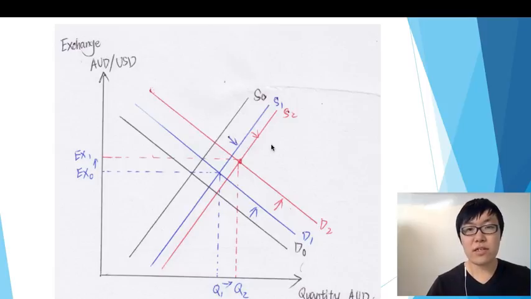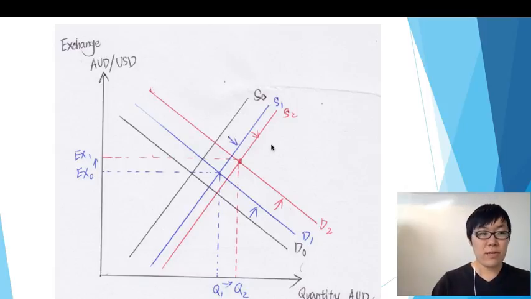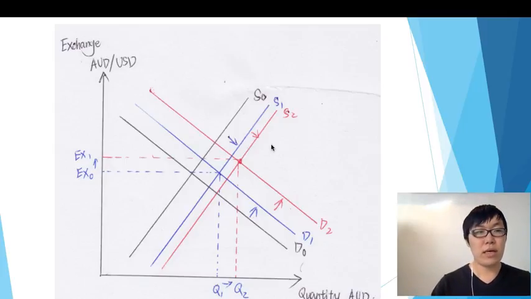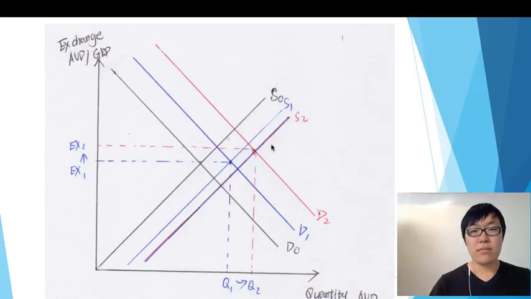In the future of the 3 months, we believe the AUD depreciation will lead the overseas borrowing to be higher than the supply. So that's why we think from the GDP side, the exchange rate will be increased in the next 3 months.